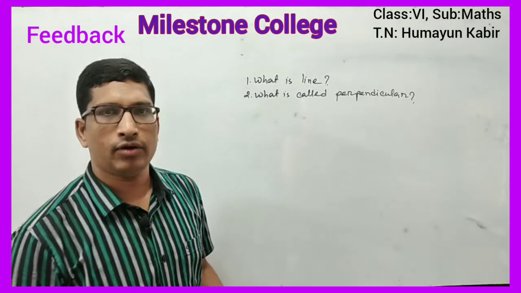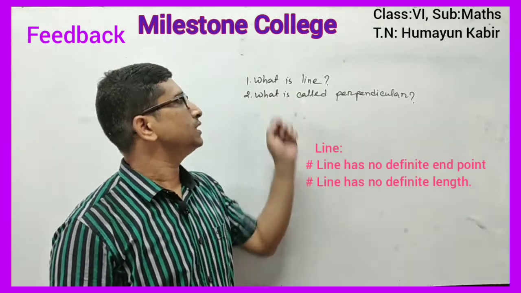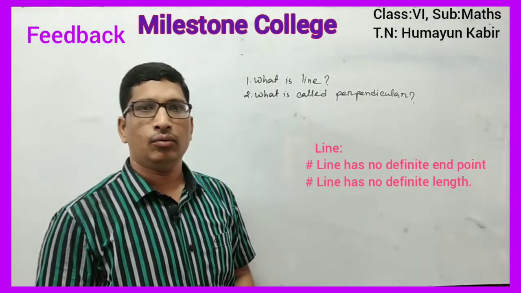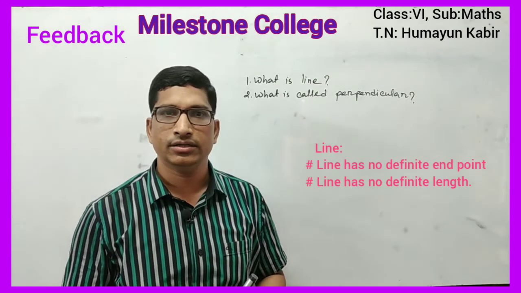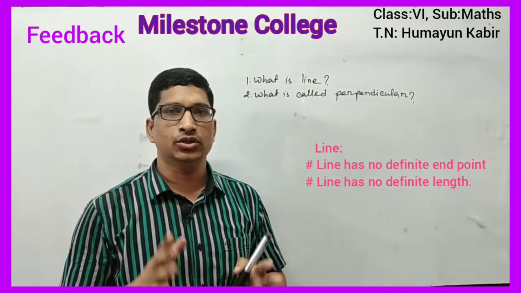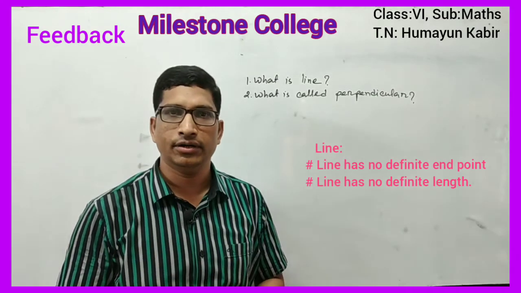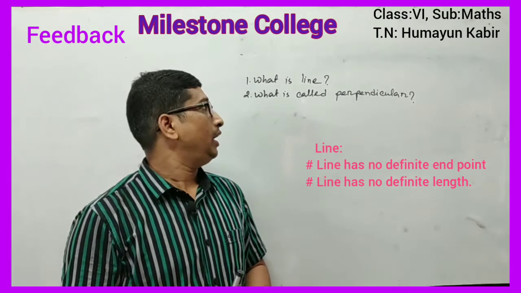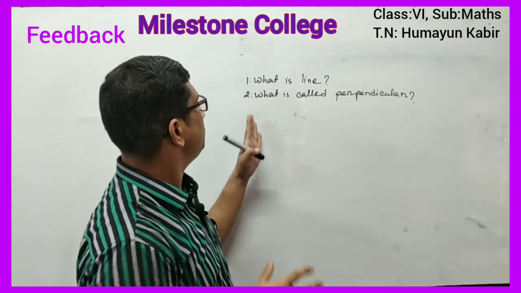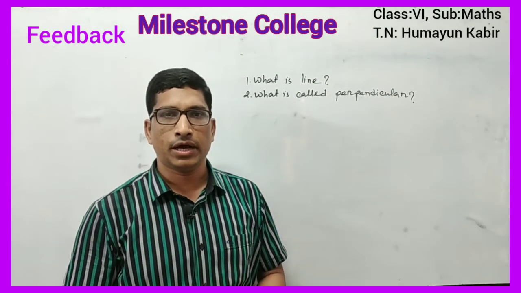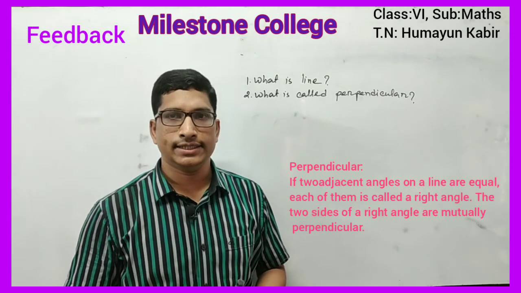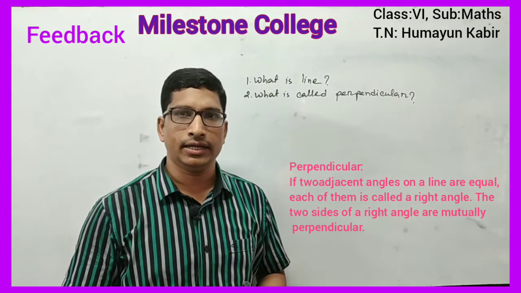Now students, our feedback session. Here, what is a line? We know a line has no definite length. And what is called a perpendicular? Two adjacent angles of a line are equal.